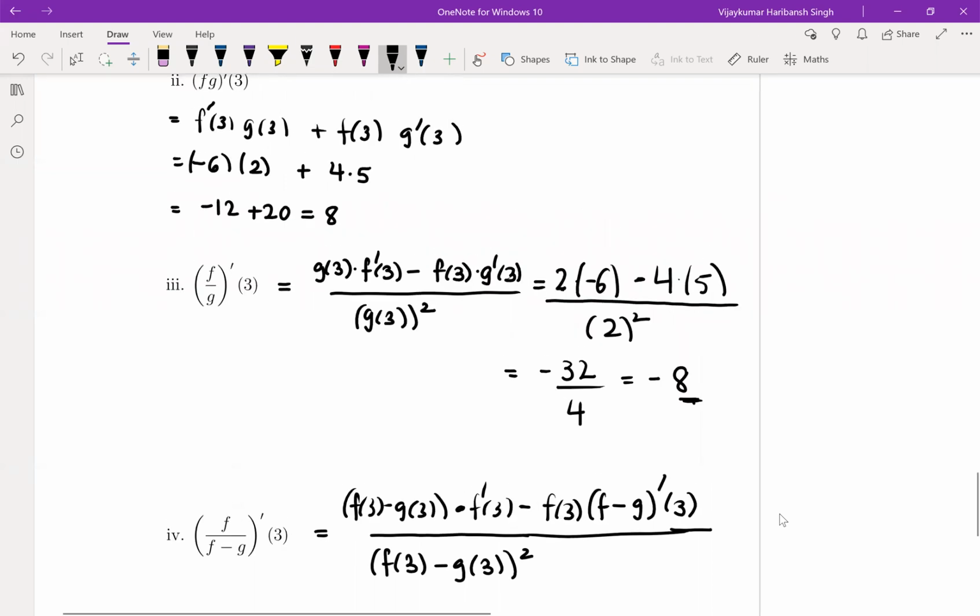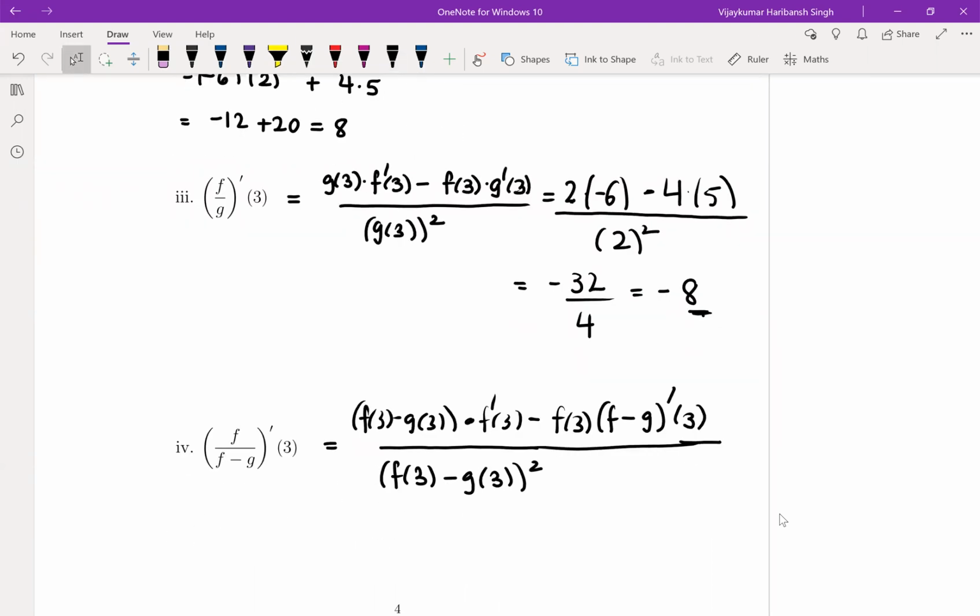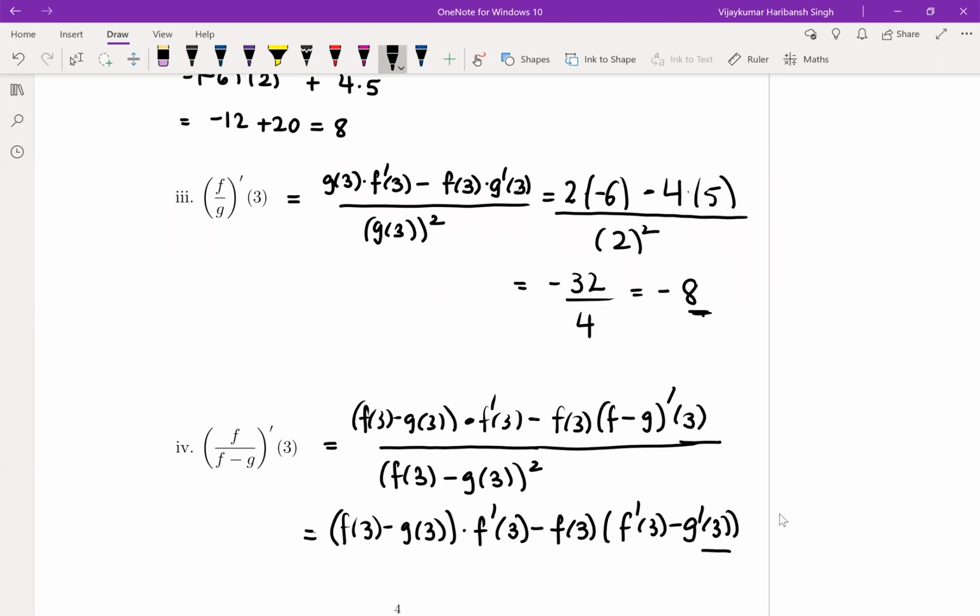So let's see, what do we get out of this? So this is same as f of 3 minus g of 3 times f prime 3, minus f of 3 times f prime 3 minus g prime of 3, the whole divided by g of 3.